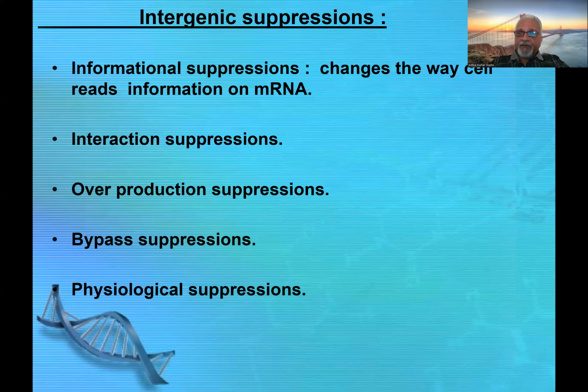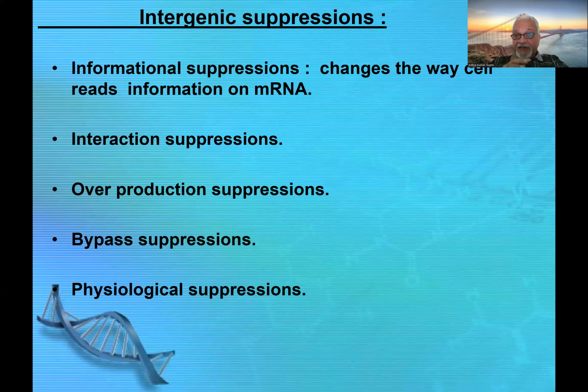Now, this is very interesting. The second mutation in a second gene, an entirely different gene, is such that it suppresses the original mutation and gives you a wild type phenotype. This is very interesting.